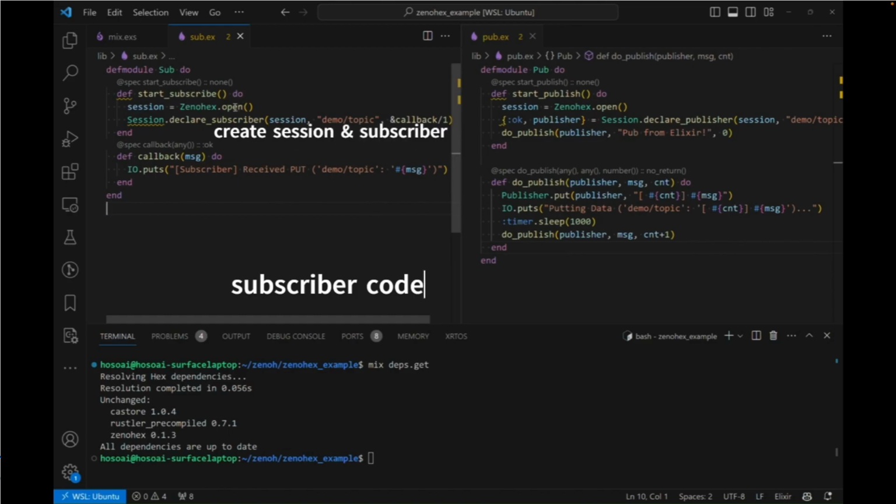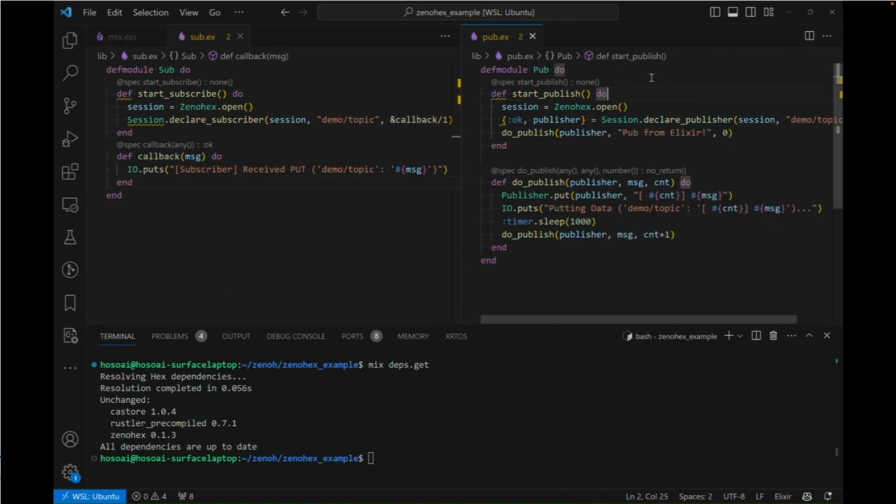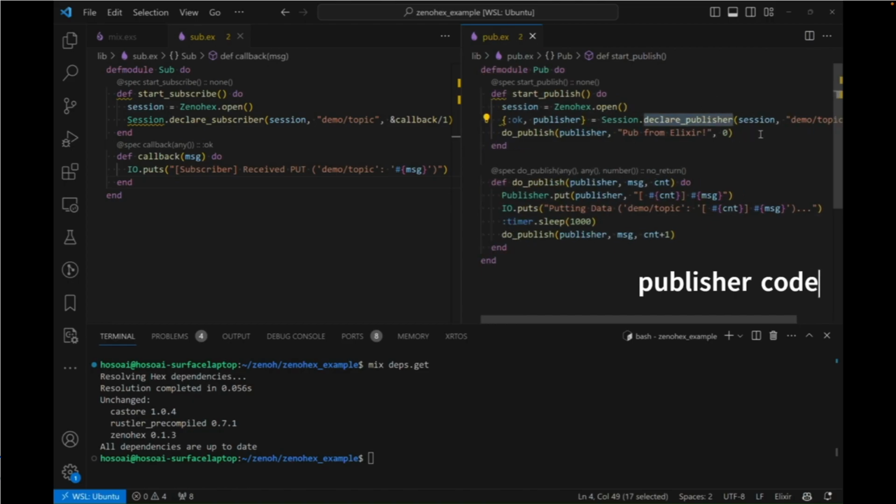This node will create a session to subscribe to the topic and then execute a callback function. The right side is the publisher code. This node also creates a session and publishes a string message repeatedly every 1000 milliseconds.